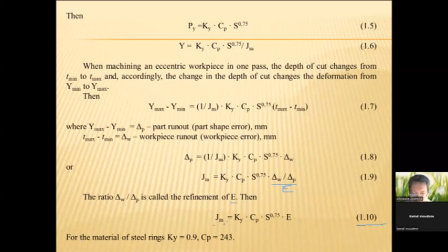So the rigidity is equal K suffix Y multiplied by C suffix P multiplied by S to the power of 0.75 multiplied by E.